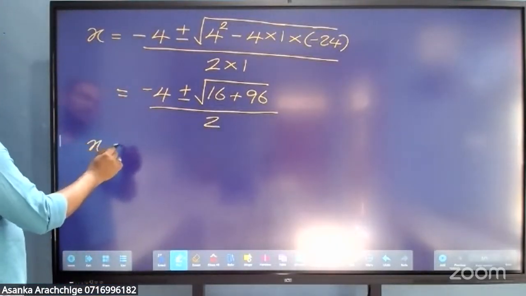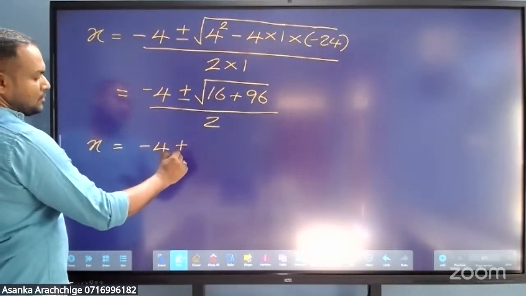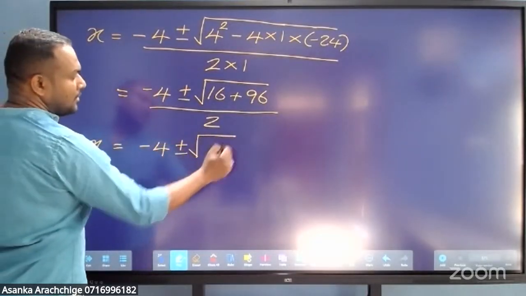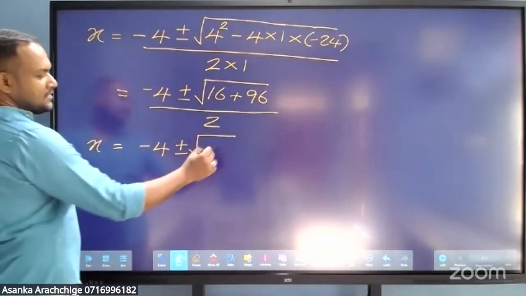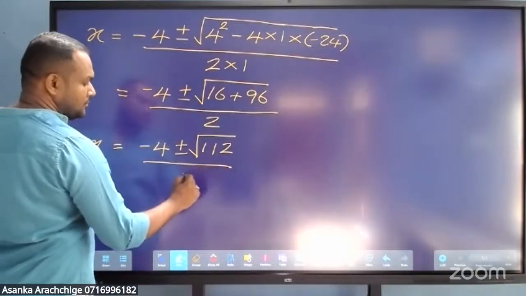Then x equals minus 4 plus or minus square root of 112 upon 2.